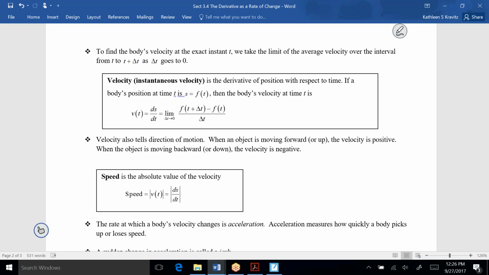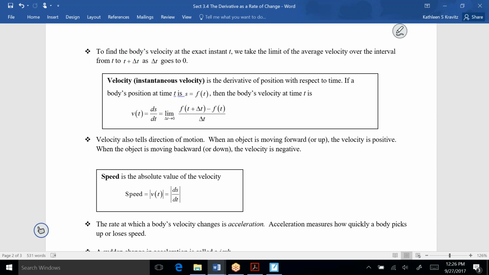So our instantaneous velocity is going to be the limit as delta t goes to 0, instead of h going to 0, but same concept. What this is saying is that the velocity is going to be the derivative of the displacement function, the position function, with respect to time. So velocity is ds/dt.